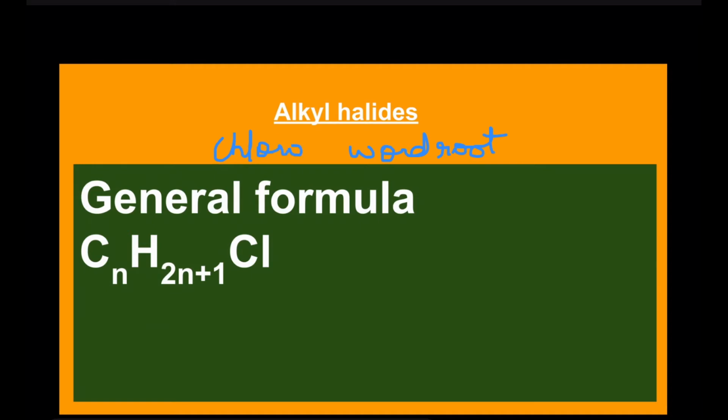If bromine is bonded in the organic compound, then the prefix will be bromo. And after that, the word root is written in the name. If it is iodine, then it is iodo. The general formula for this homologous series is CnH2n+1Cl.